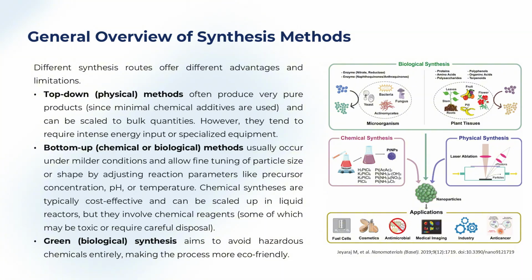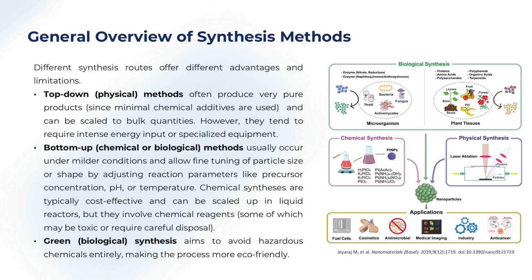The top-down physical methods often produce very pure products, since minimal chemical additives are used. They can be scaled to bulk quantities. However, they tend to require intense energy input or specialized equipment. The bottom-up chemical or biological methods usually occur under milder conditions and allow fine-tuning of particle size or shape by adjusting reaction parameters like precursor concentration, pH, or temperature.